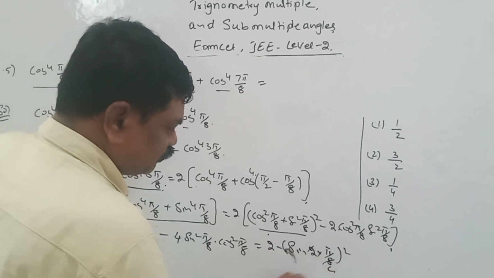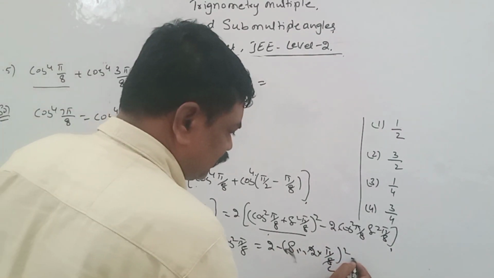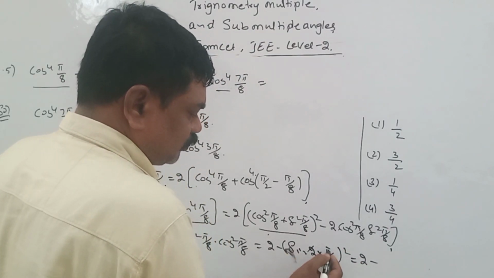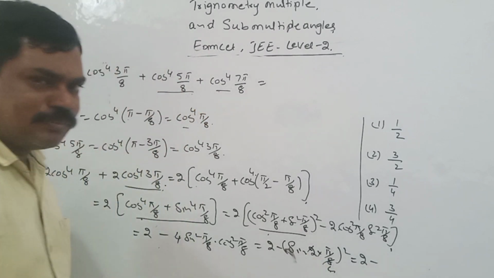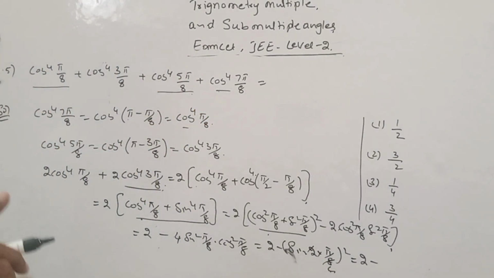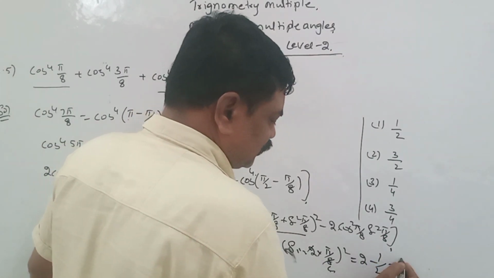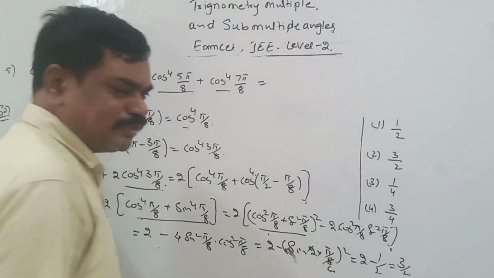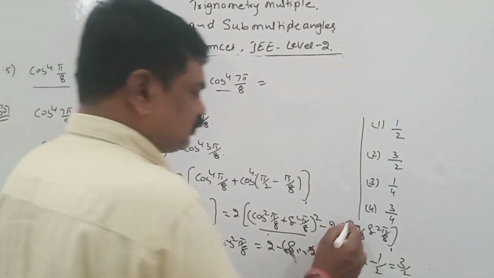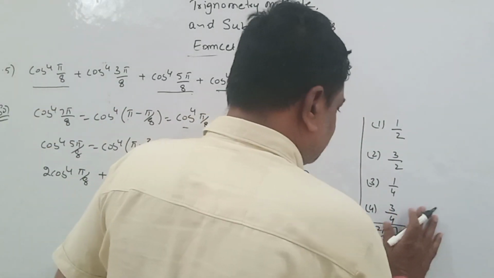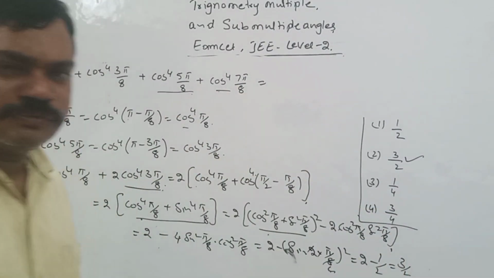So we can write 2 minus sin square of pi by 4, and sin pi by 4 is 1 by root 2, so (1 by root 2) whole square is 1 by 2. So 3 by 2 is the answer by simplification. Option 2 is the answer. Okay, that's all.